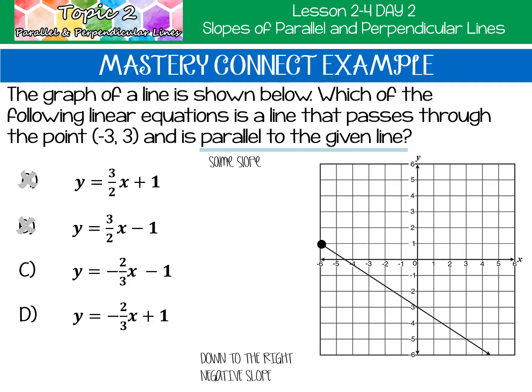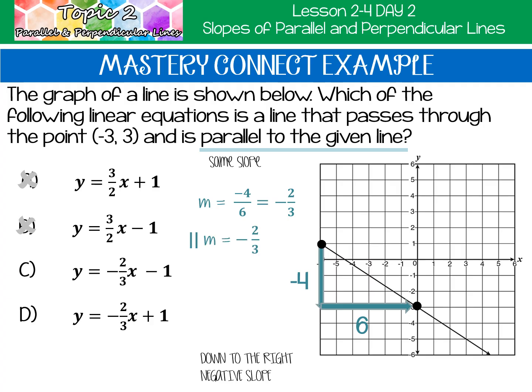Here's a point on this line, and we can go down 4 and then right 6 to get to another nice point. That gives us a slope of -2/3. And parallel to that, we'll look at both of those have a slope of -2/3.